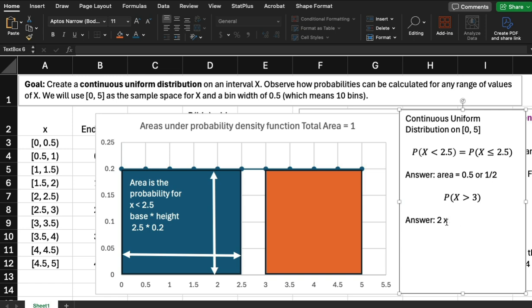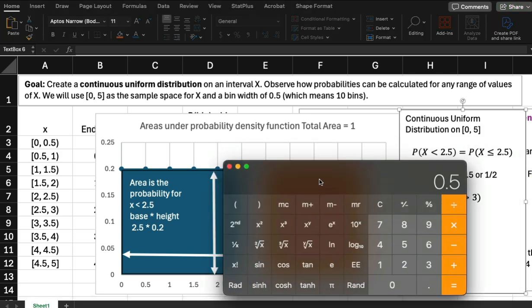Sorry, I wrote a 9.2. It's 0.2, because we're dealing with a uniform distribution on the interval 0 to 5. So that is not going to change. The 0.2 is not going to change unless we changed our population. If we expanded our values of x, then we would have a different height here.